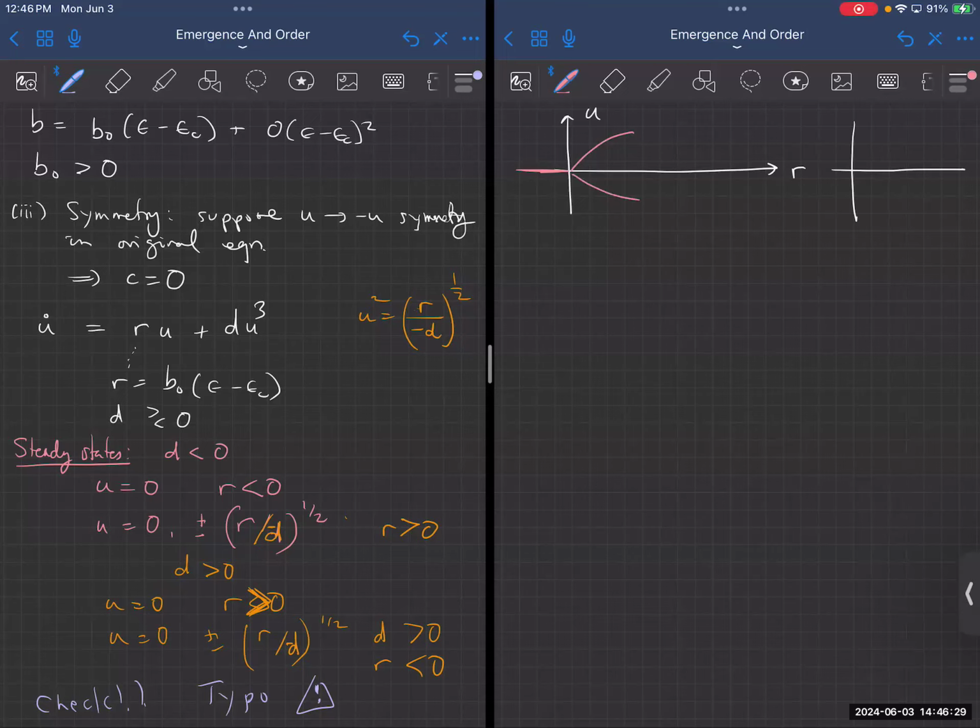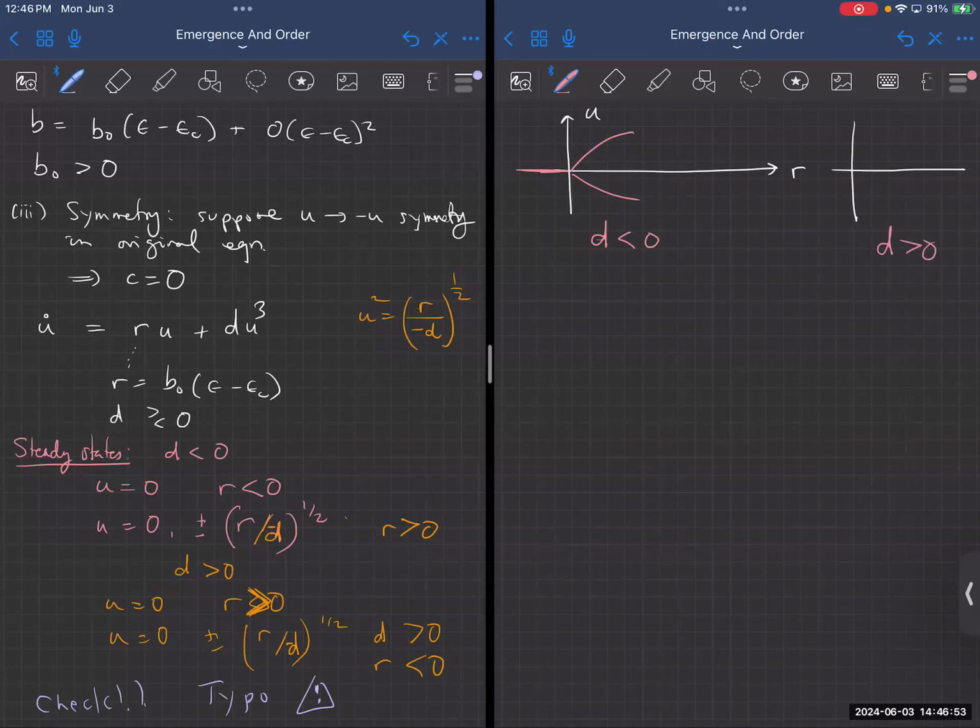This is the case D less than 0 on the left. Exactly. This is the case D is less than 0. This is the case D greater than 0.